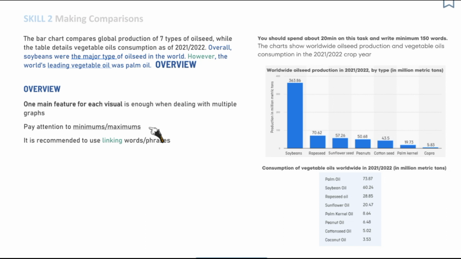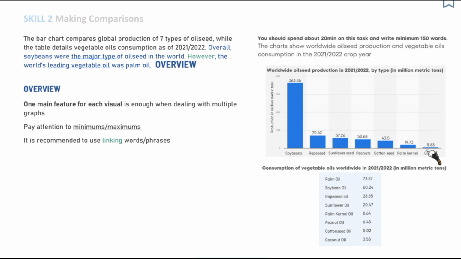And what do I mean by minimums and maximums? Let's have a look at our bar graph. This bar graph shows worldwide or global oilseed production, and there are several types of seeds. We can see that soybeans is the highest. Yeah, it is obviously the maximum.